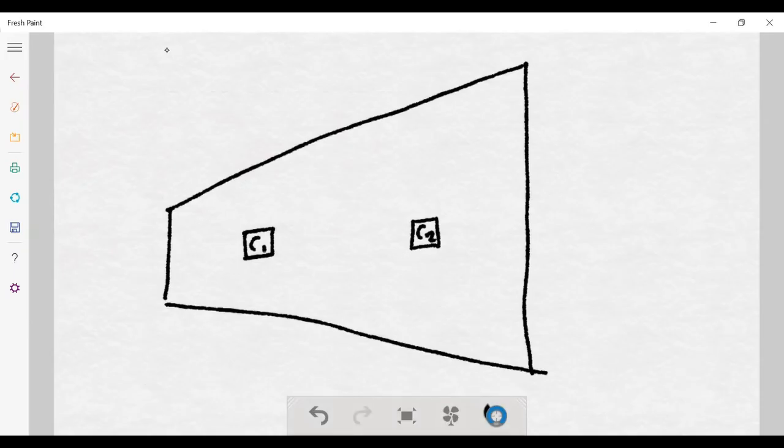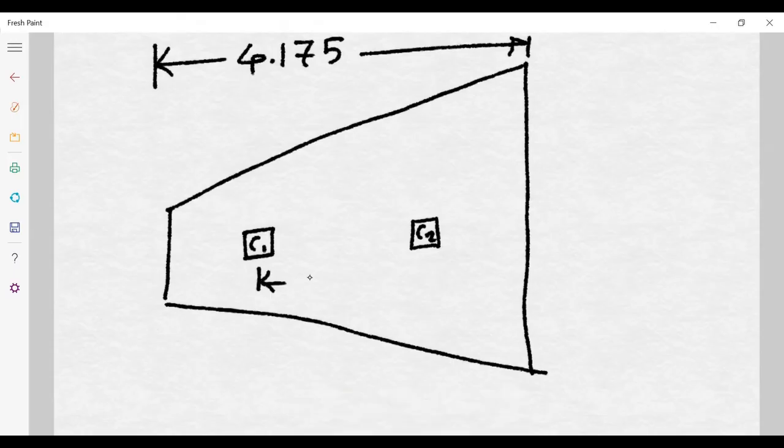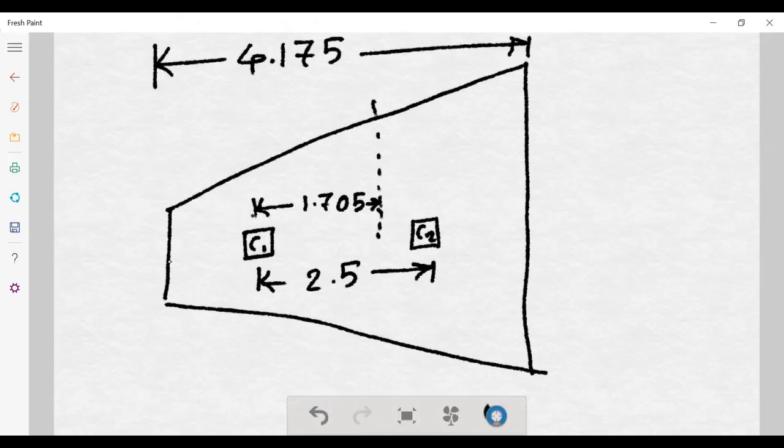This we have already got as 4.175. Now this was 2.5 and resultant is 1.705, so somewhere here. The resultant is falling somewhere here.